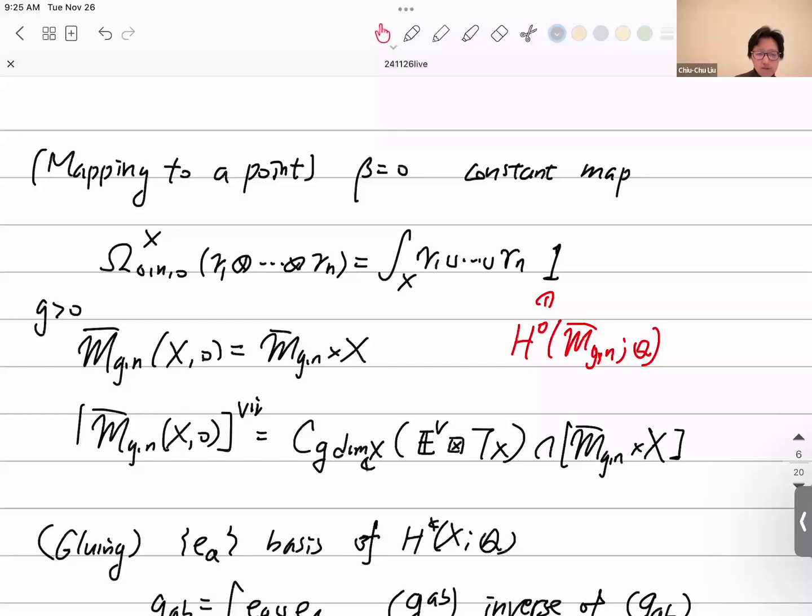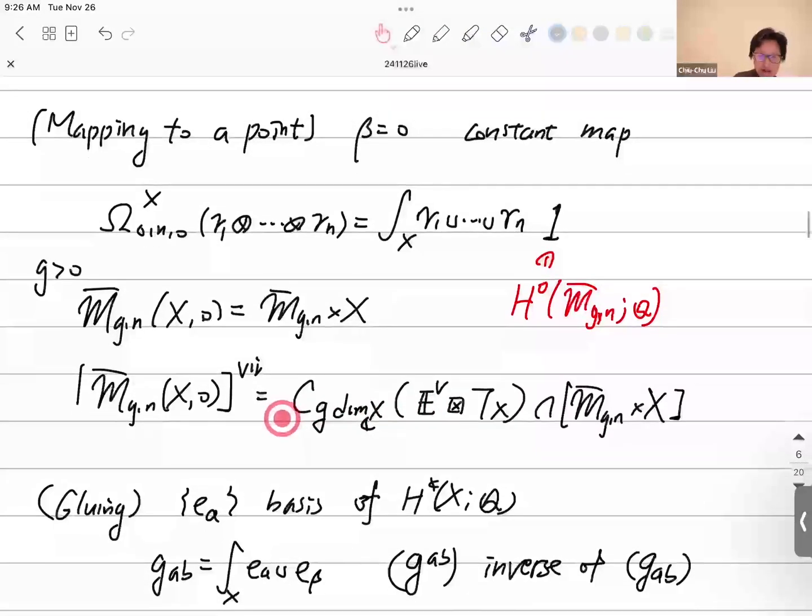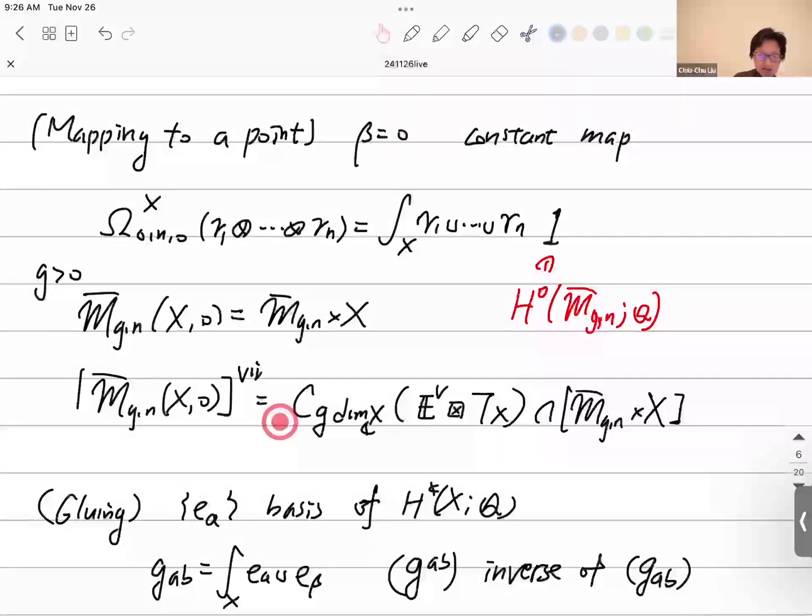So actually last time we talked about this identity. We recall that if you have a stable map of degree 0, of genus g and n marked points, it's just a constant map.